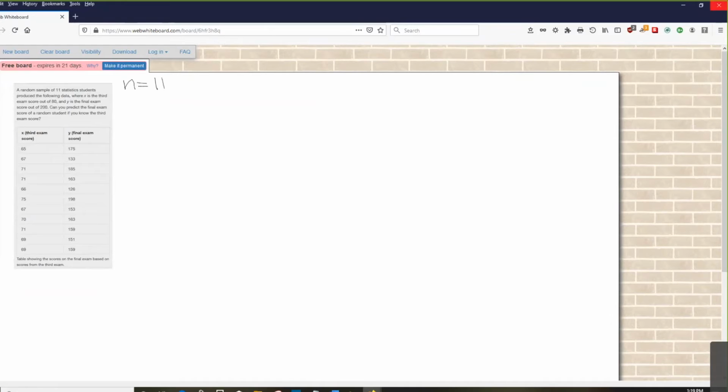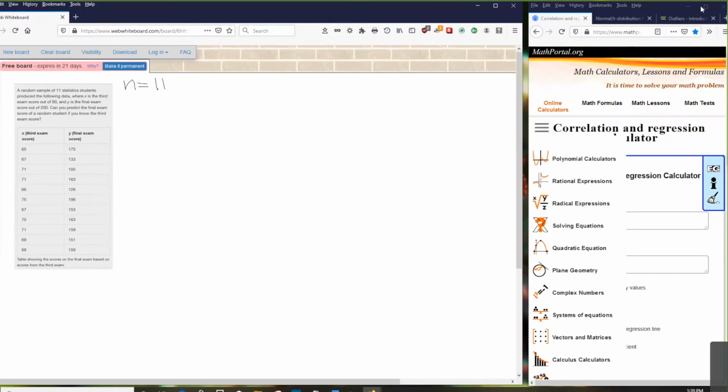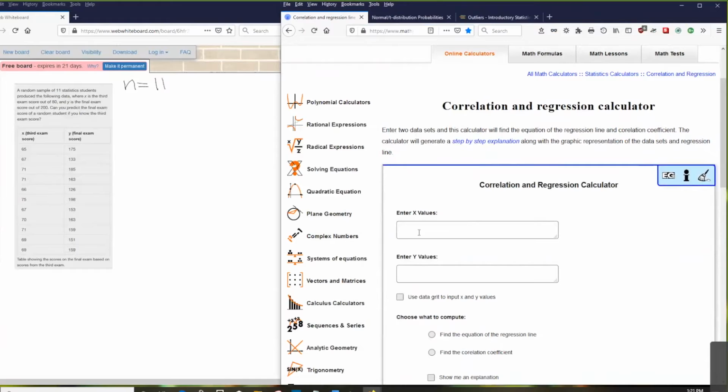In order to solve this, we're going to need to use a regression calculator. So from my data, I'm going to go ahead and put in my values. With this, you just need to have a space in between each of these numbers.